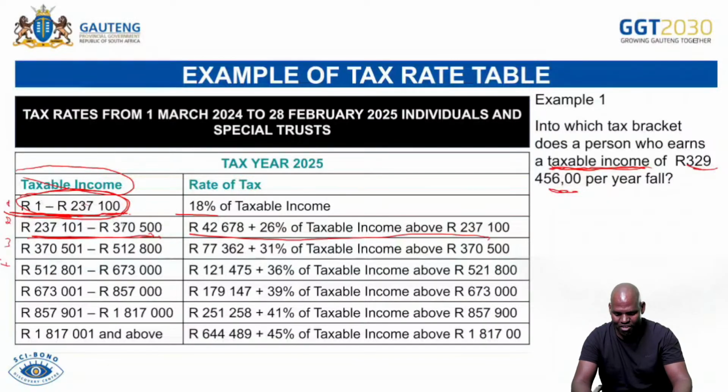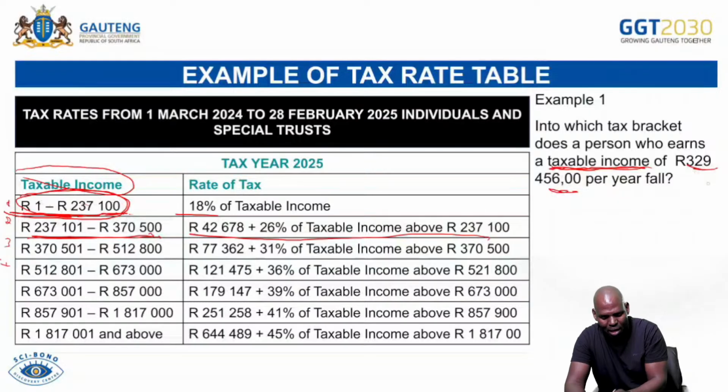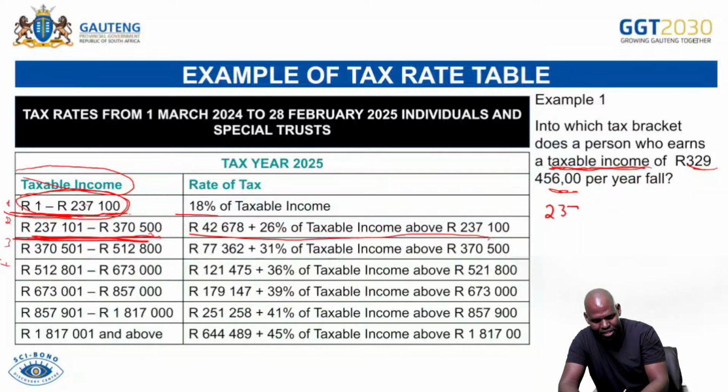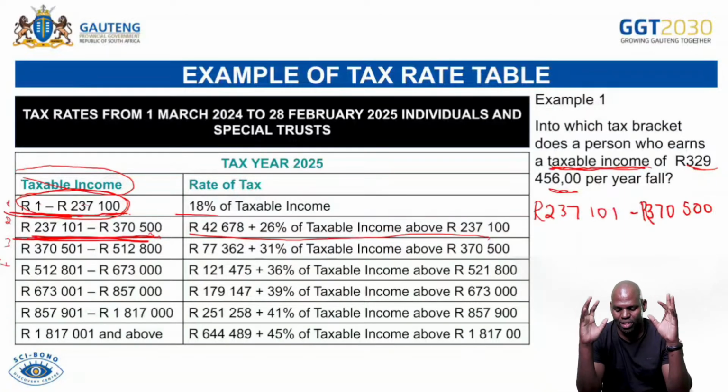Now 329,456, it's not bigger than 370,500. So it means this amount is actually between these two values. In other words, it's under this tax bracket. So the tax bracket is from 237,101 rand to 370,500 rand.